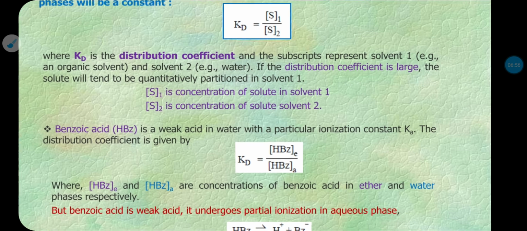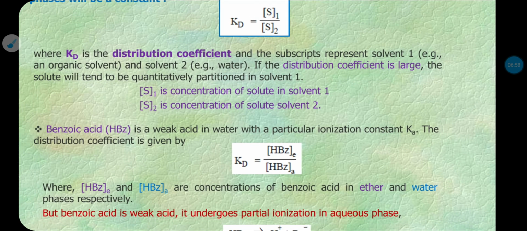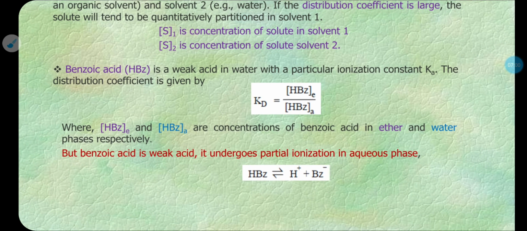Let us see this distribution coefficient with an example, benzoic acid. Benzoic acid is a weak acid. It is partially ionized, and the ionization constant of this acid is Ka.